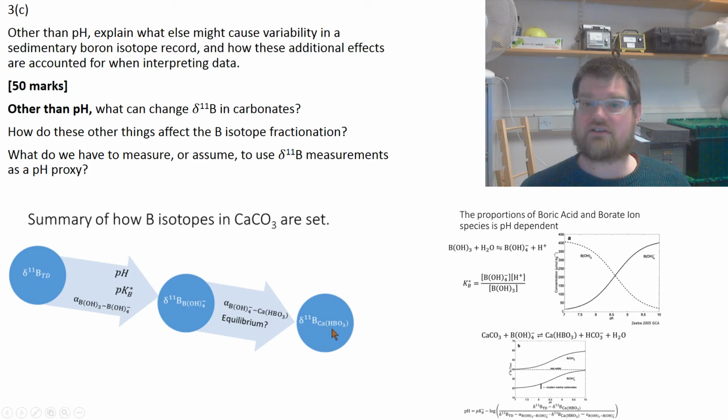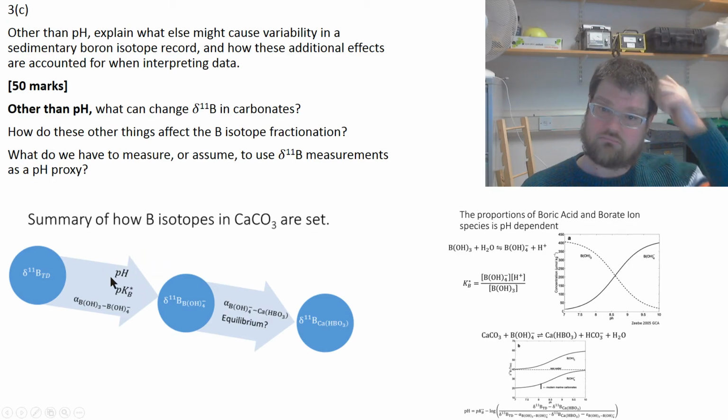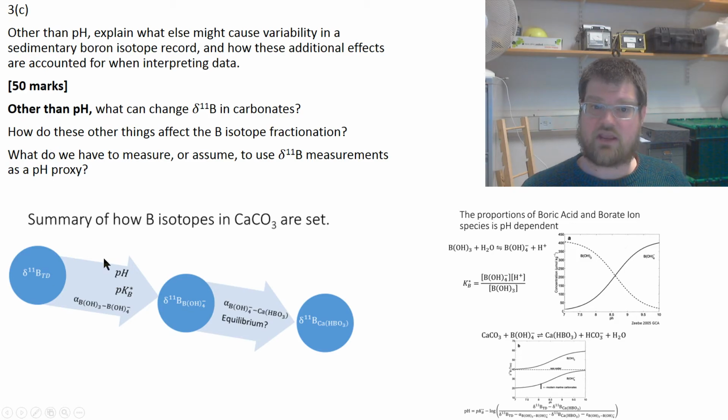And there are a bunch of things that can change that. So they're firstly reliant on the boron isotope composition of the ocean, and then there's a pH control, as already mentioned, other than pH. So there is a pH control that affects the boron isotope composition of boric acid, of the borate ion.